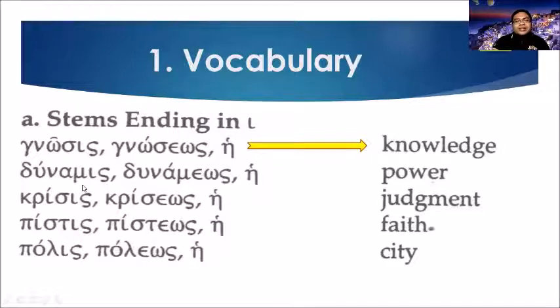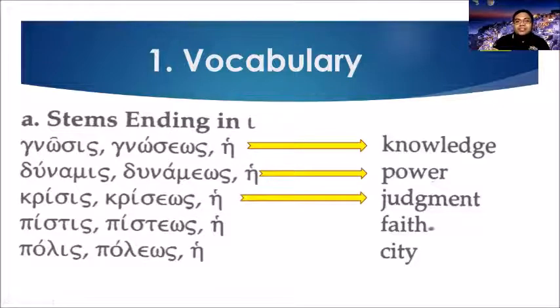Next word is dunamis, or in the genitive ablative, dunameos. Let's read together one more time. Dunamis, dunameos. It means power. Very good. Next word is krisis, or kriseos in the GA.